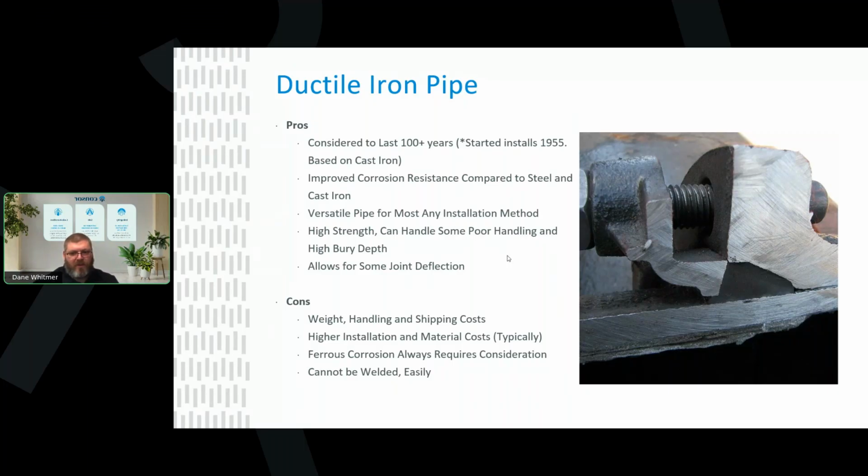So that's why we don't see welding of this pipe. You have mechanical joints or push-on type joints or other types of external mechanical restraints to hold the pipe together. Or even the idea of your service taps, right? They're not a welded bung or a tap like that; you're using a saddle or a threaded tap.